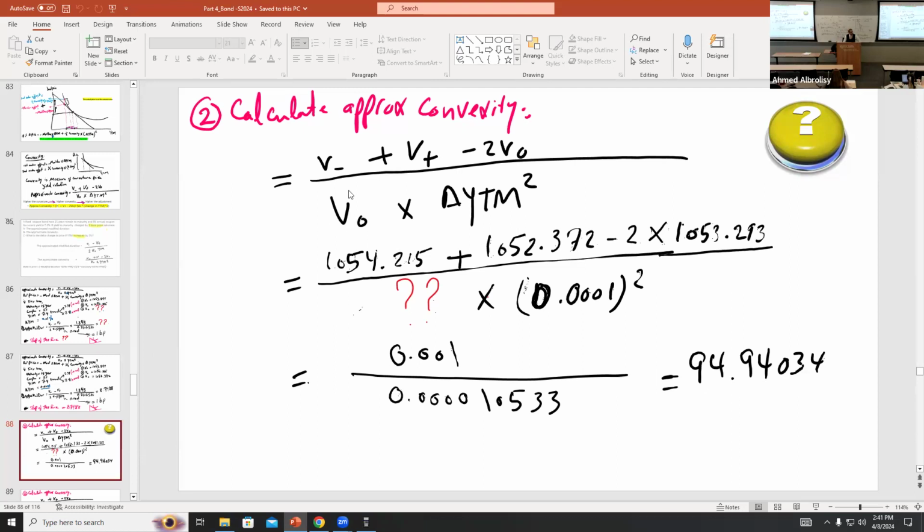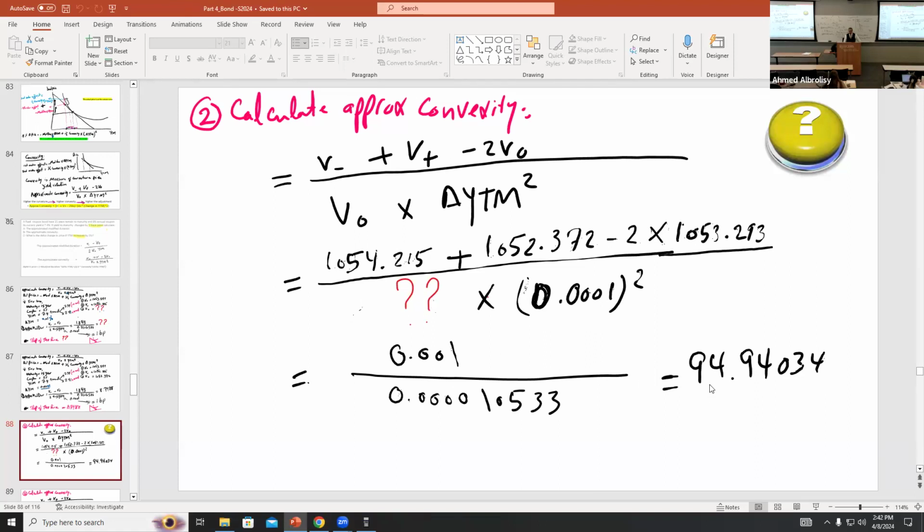So it's V minus plus V plus minus 2 V naught divided by V naught times yield to maturity to the second power. These variables should already be in your calculator, and you already calculated them before. And the only variable we need to have is the V minus, which is the same guy here, right? 1,053. It's going to be the same guy here.